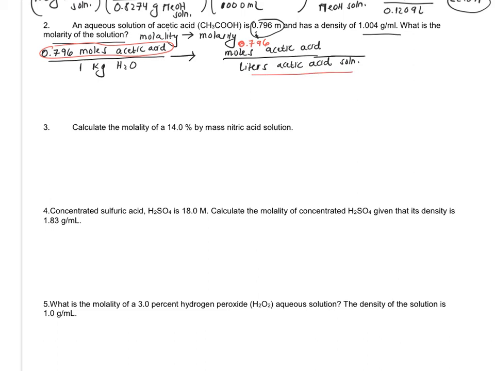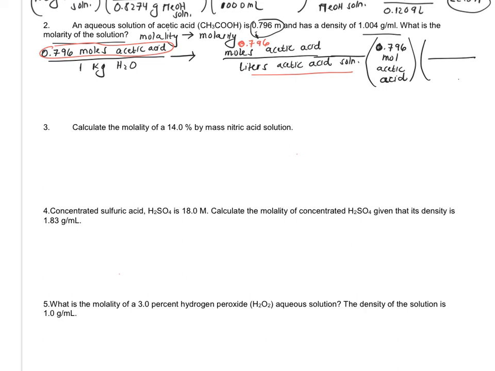The solution is water plus acetic acid. If I can get the amount of acetic acid and the total grams of water, I can use the density and convert it to milliliters and then to liters. So let's go ahead and convert the 0.796 moles of acetic acid to grams.